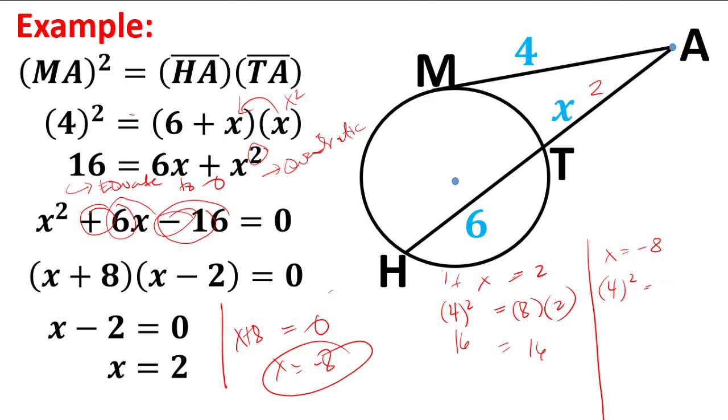So, negative 8 plus 6, negative 8 plus 6, that is negative 2. Okay? Tapos ito ay, x natin ay negative 8. So, 4 times 4, 16. Negative 2 times negative 8 is 16 as well. So, pareho lang. Okay? It's just that technically, there is no negative measurement. So, we will consider x is equal to 2. Okay? They are both correct, but we will consider the positive measurement.